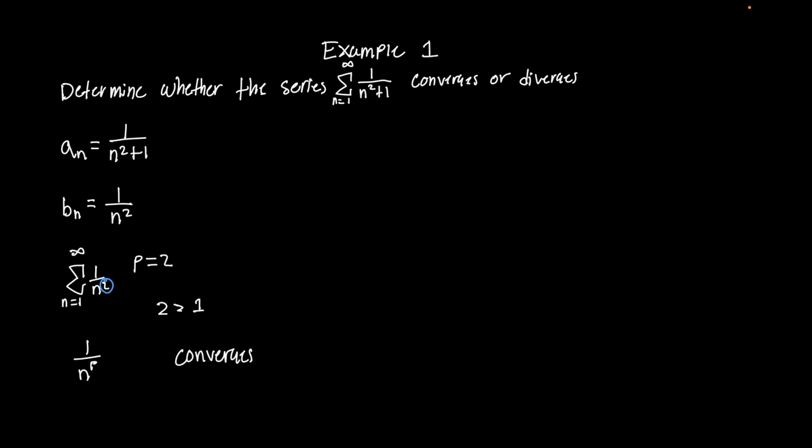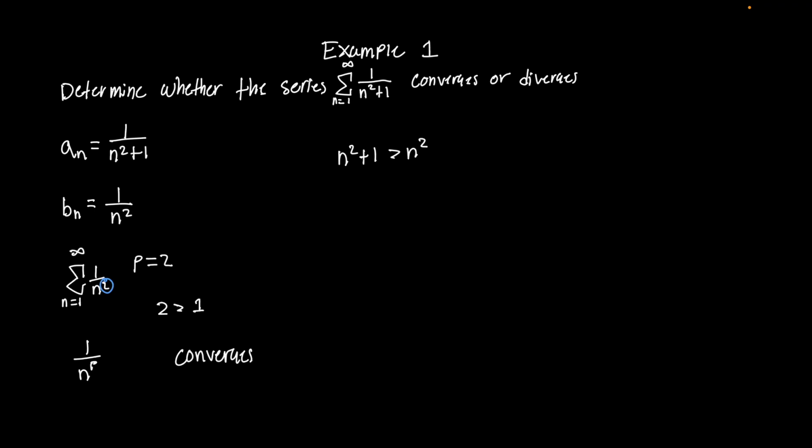So now, let's compare the terms. We know that n squared plus 1 is greater than n squared. If you're asking why I didn't write 1 over n squared plus 1 is greater than 1 over n squared, it's because the fractions are easier to deal with. So why is this going to be useful?